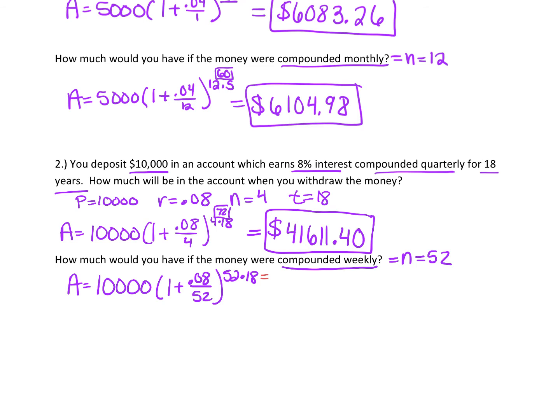It's going to be a big number. 936. So I'm going to type this in my calculator. 936th power. Ooh, $42,160.28.